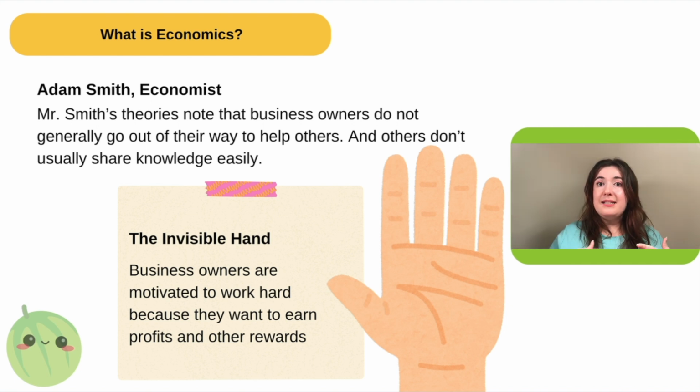So as this business owner is now working and generating wealth, he's also creating jobs, and he's creating new products and services along the way, and those jobs get given to employees. And employees are now gaining the aspects of growth and income and all of those types of things that are actually driving their own livelihoods.